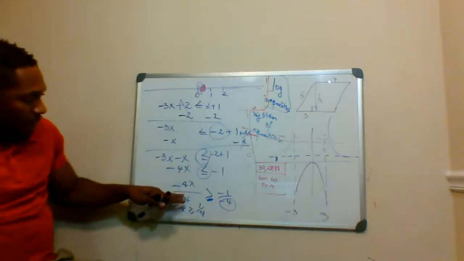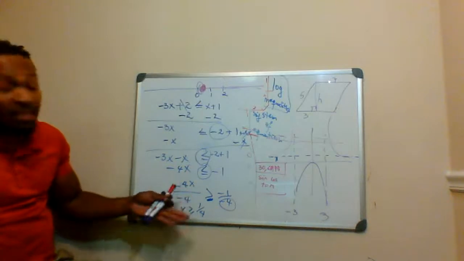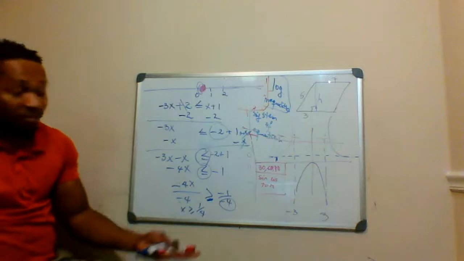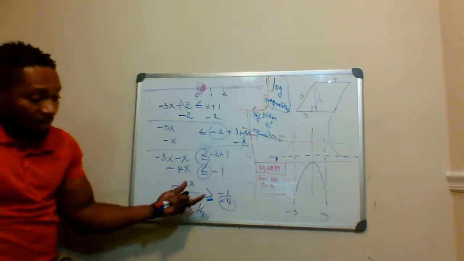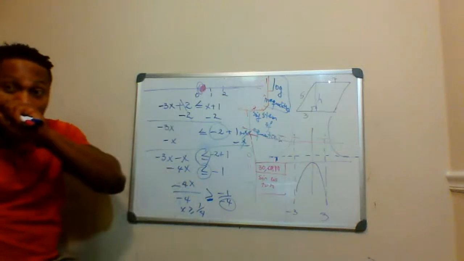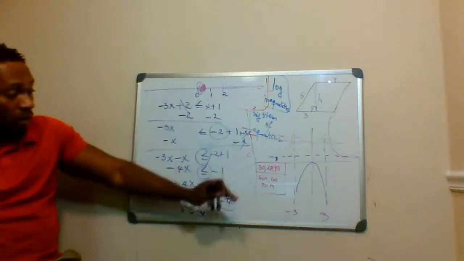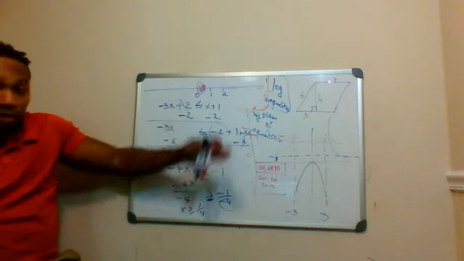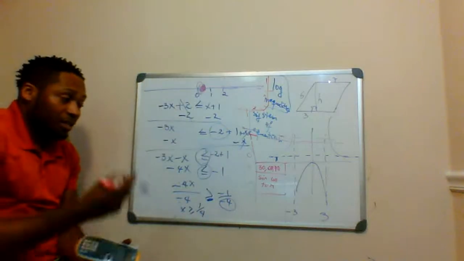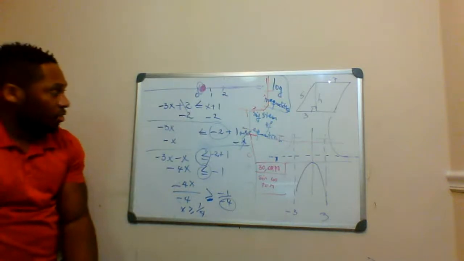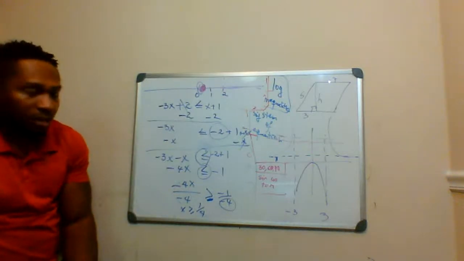If I have a negative in front of the x, to get rid of that negative, I'm going to divide or multiply by a negative number, so I'm going to have to flip the sign. That's the only difference between that and equality. Almost all the way to the bottom, you do everything the same, and you see if you flip the sign or don't. And the way you write the solution is this. There are other ways you can write the solution.